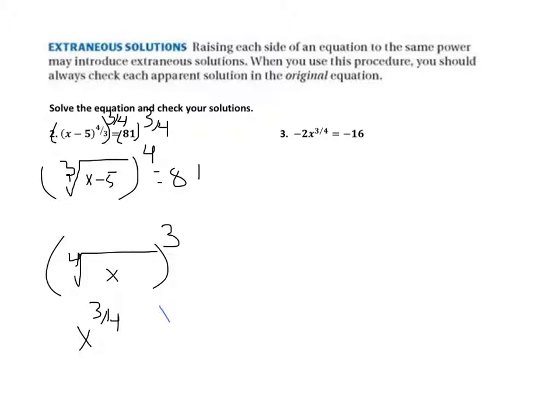So I'd get x minus 5, because that would be 1, because 4 times 3 is 12, 3 times 4 is 12, 12 divided by 12 is 1. So I get x minus 5 equals 81 to the 3/4. Well, if we simplify that, the 4th root of 81 is 3. 3 to the 3rd is 27. So x equals 27.